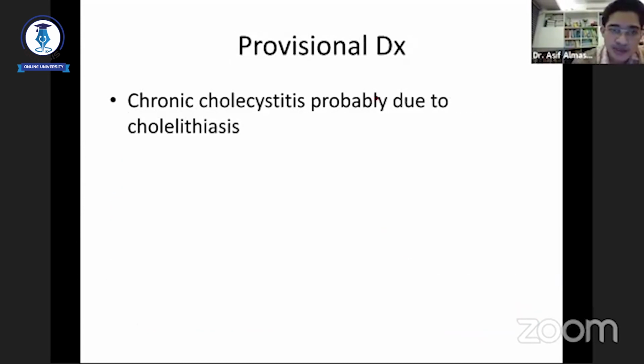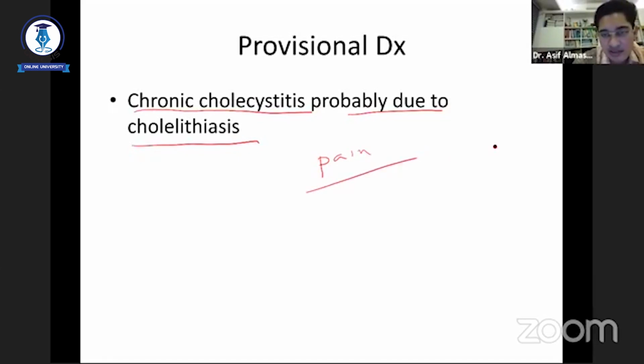So provisional diagnosis, chronic cholecystitis, probably due to cholelithiasis. First thing is, why did I say chronic cholecystitis? Because there is pain in the right upper abdomen, which is now a constant aching in nature, which is no longer colicky. And the patient has flatulent dyspepsia.